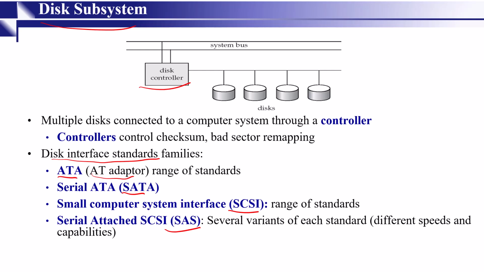Then we have serial attached SCSI. This is an advancement of SCSI and it includes several variants, each with different speeds and capabilities to meet the needs of different applications.